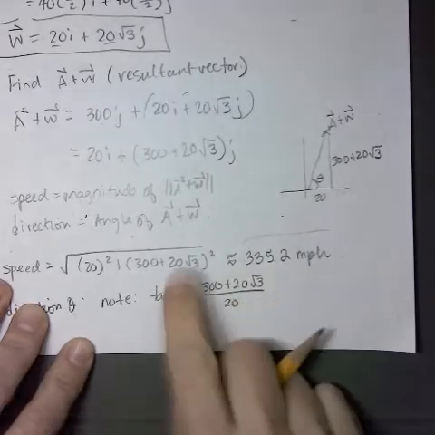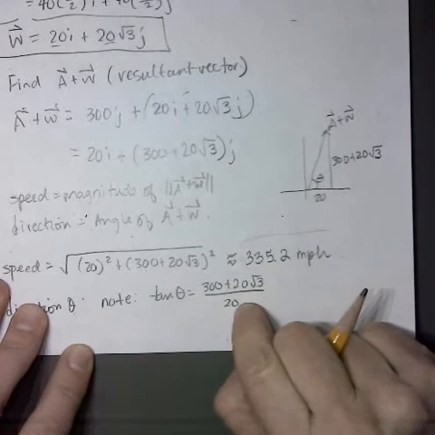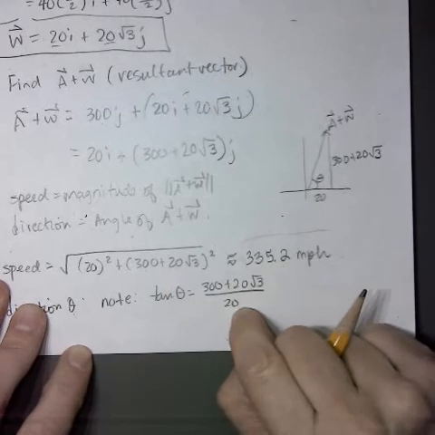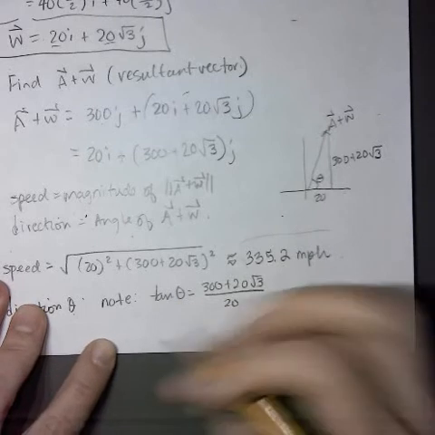So it's going to be vertical component over horizontal, or b over a. And so theta will be the tangent inverse of this number.